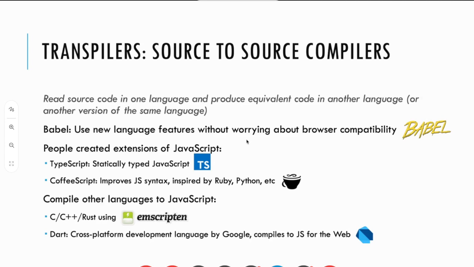Now, with the concept of transpilers, people also started building extensions of the JavaScript language. The reason for that mostly was that now that JavaScript and front-end development was revolutionized, more and more people were getting into front-end development.